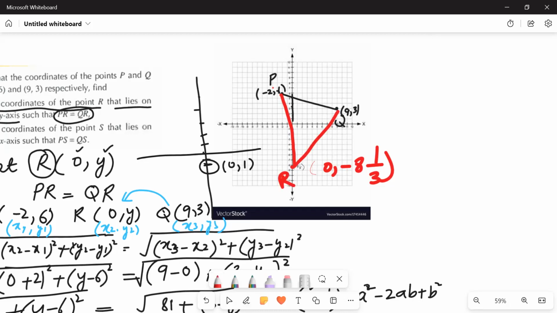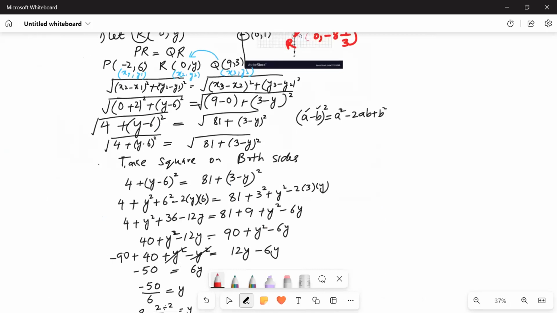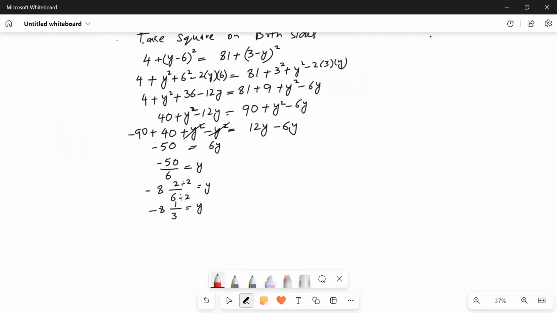So we found this point 0, minus 8 1/3. First, we don't know what the value of y exactly is. Now, by using this formula and all this explanation and calculation, we got the y value, that is minus 8 and 1/3.